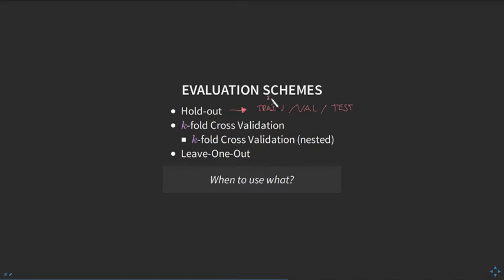Generally, you might want to, for example, use 80-10-10 or some lower percentages, but definitely validation and test are usually smaller than your training set.